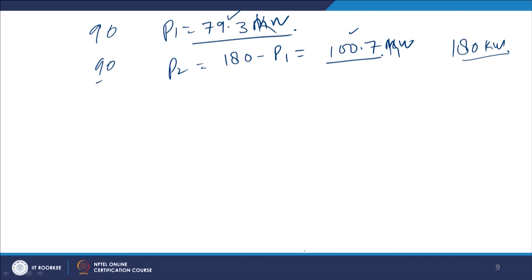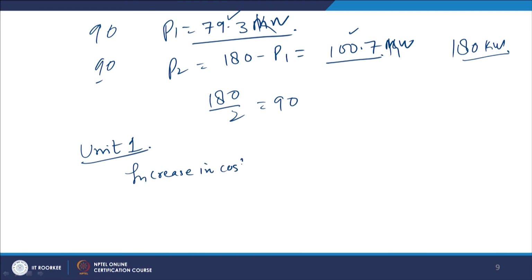So for this purpose, suppose the load is equally shared. Load equally shared means 180 by 2, which is 90. So for unit 1, the increase in cost is the integral from 79.3 to 90 of (0.07 P1 plus 24) dP1, because we have increased the fuel consumption.